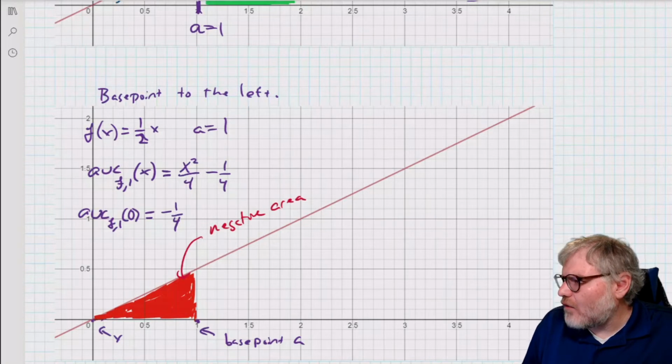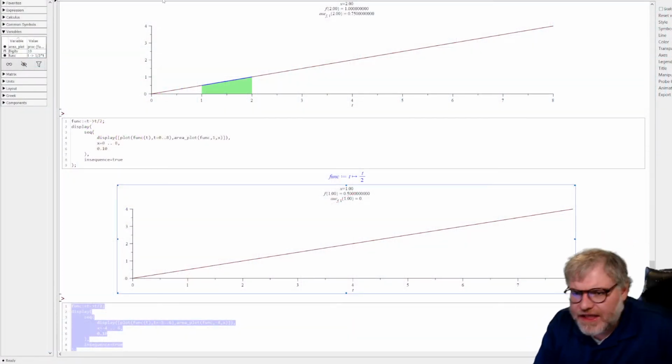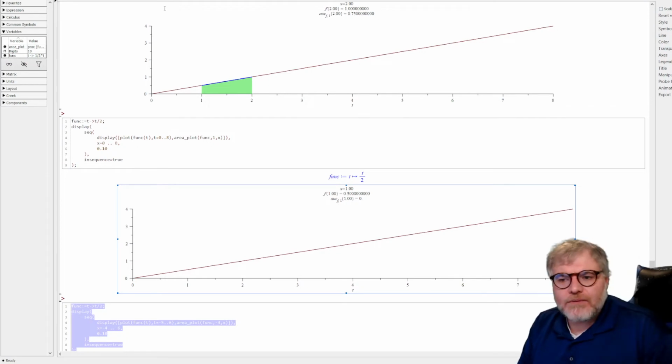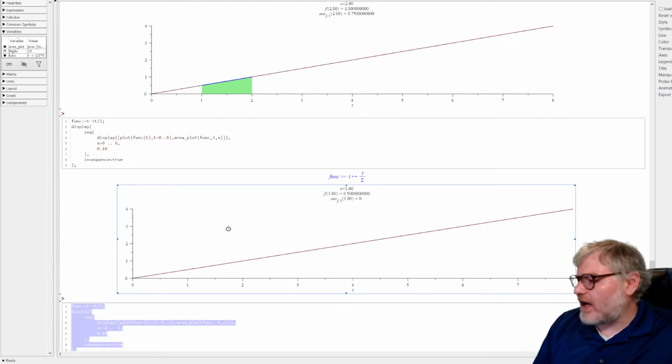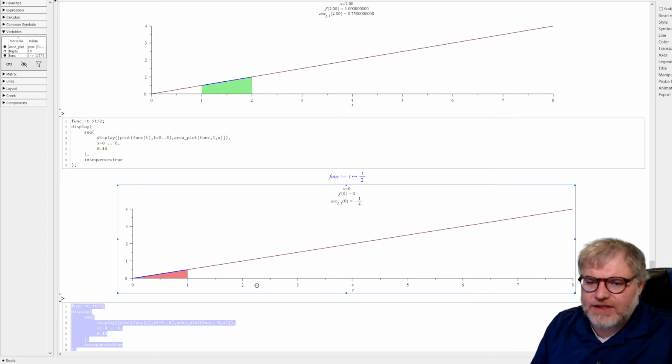So here's that whole function again with a base point of 1. And here I have no width, because I'm at 1. But if I start from the left, if I start at 0, AUC F1 of 0 is negative 1/4.